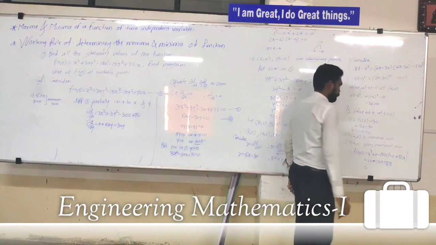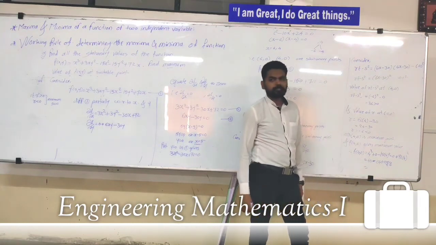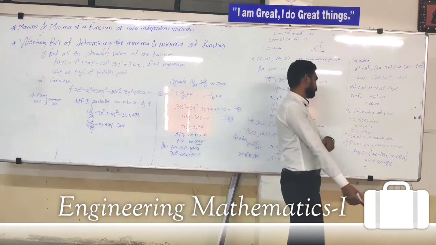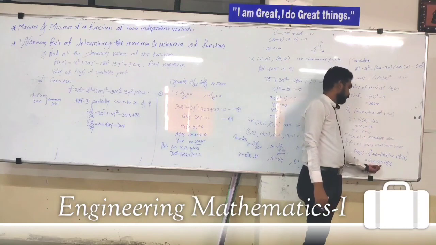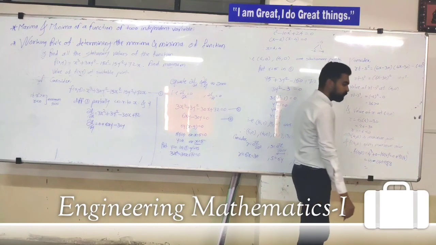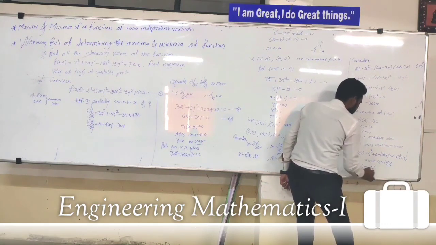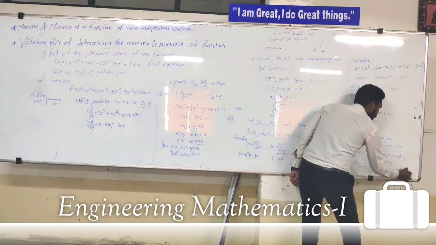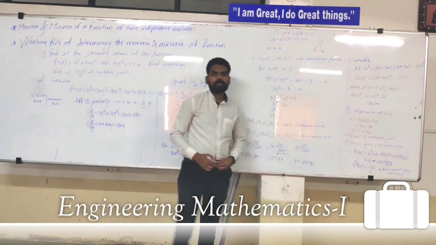So is equal to 288 plus 64 minus 240. f of 4, 0 is equal to 112, which is the maximum value of f of x.